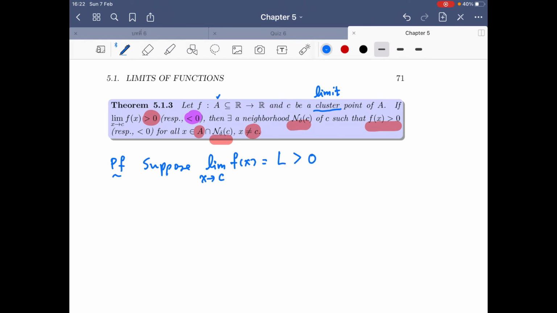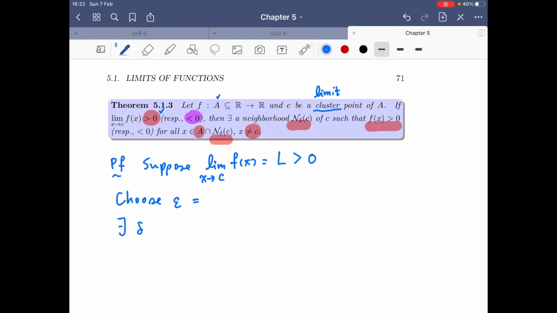So what does this mean? This means that for any epsilon that is given, we can find the delta. So let us choose epsilon to be something we still don't know.